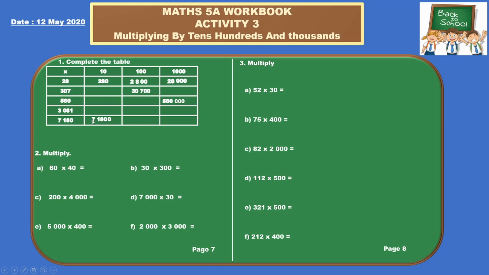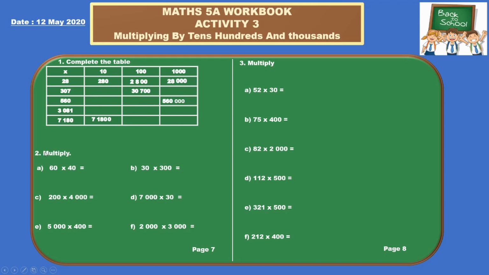So the answer will be 71,800. Look at the number. Please arrange the whole number by writing the comma here or separate the 1 and 8 here. The rest, please do by yourself.